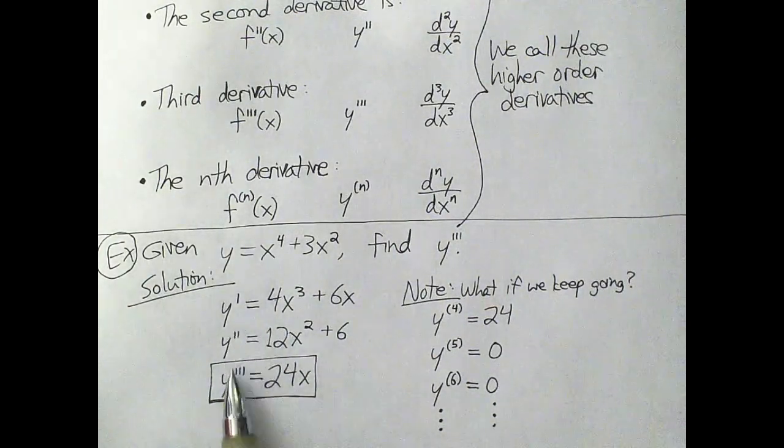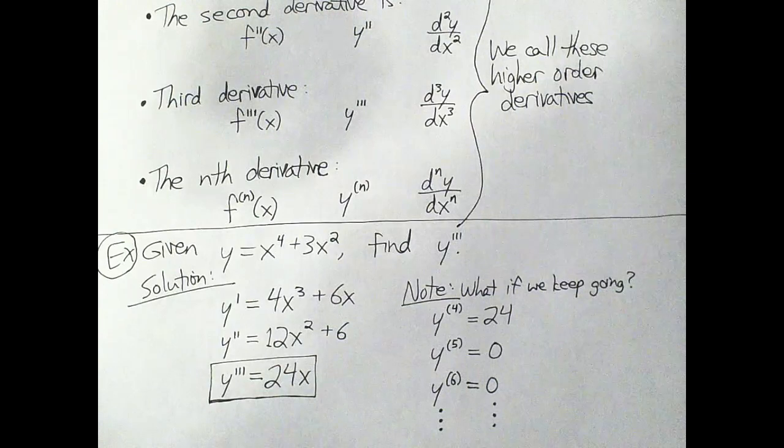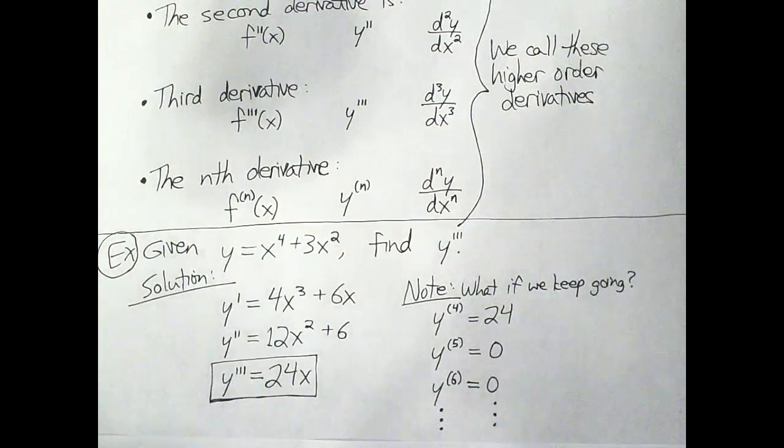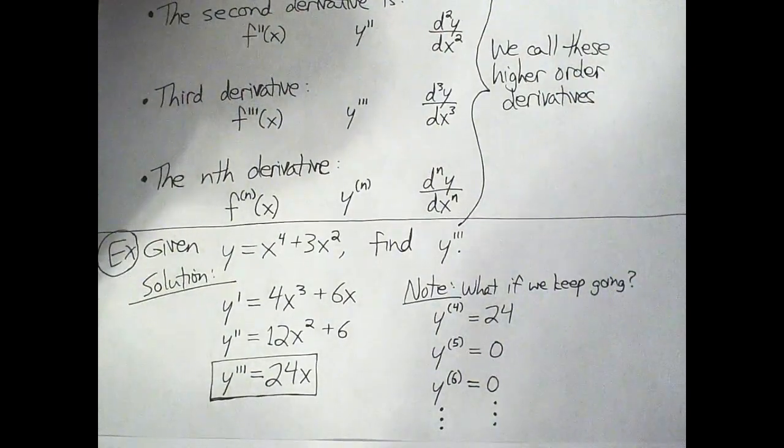What about the second, third, fourth, fifth? In general, the more times you take the derivative, the further down the list you go, typically the less useful it becomes. The 7th, 8th, 9th, 10th derivative are probably not as useful as the first, second, and third. So in this course, we are mostly going to look at the first and second derivatives. Those are the ones that are the most useful for Calculus 1.